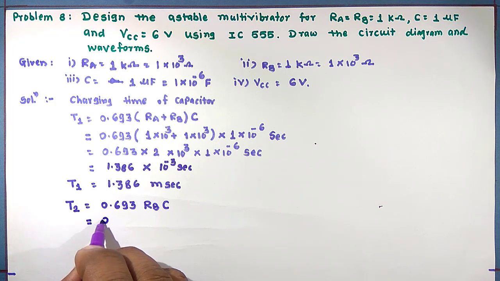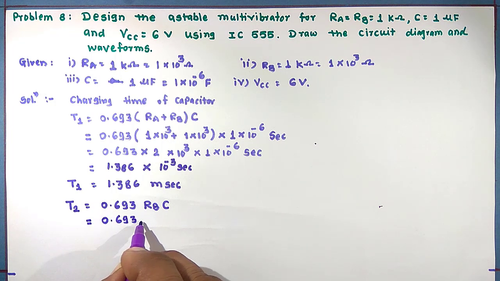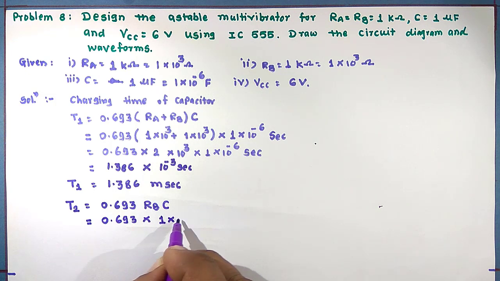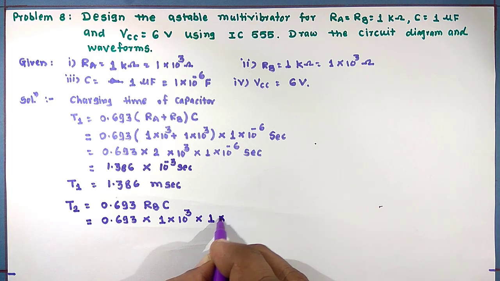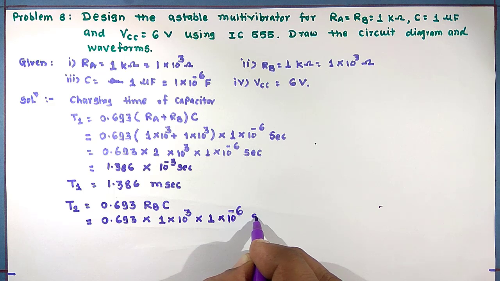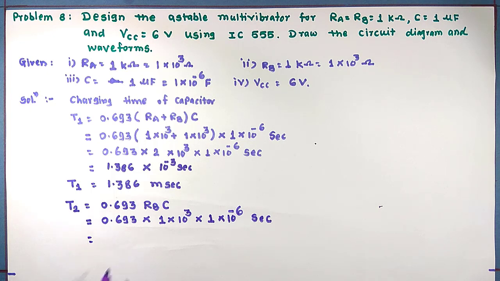Hence T2 is equal to 0.693 into 1 into 10 raised to 3 into 1 into 10 raised to minus 6. This time is also again in second. So this is equal to 0.693 into 10 raised to minus 3 second. For 10 raised to minus 3, we can write milli. So T2 is equal to 0.693 millisecond.